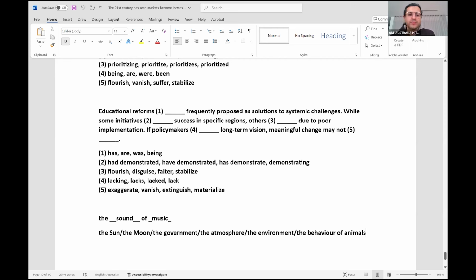So again, this thing, let's say the government, it is the government of some country or some state, correct? So in reality, it is the government of some place. But it is implied. Even if we don't write it, it is implied. But because it is implied, what should we add? We should add "the."